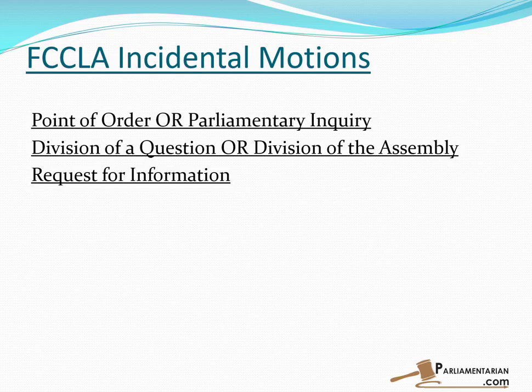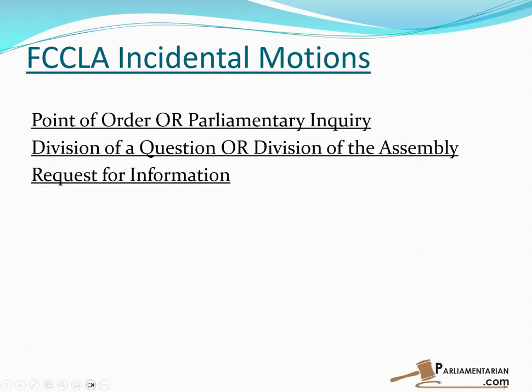I believe that they have the request for information in the competition so that all the students learn the proper use of it, because that's probably one of the top 10 mistakes that people make in meetings. And why it was changed to request for information and away from point of information is that people were trying to make their points using this incidental motion.